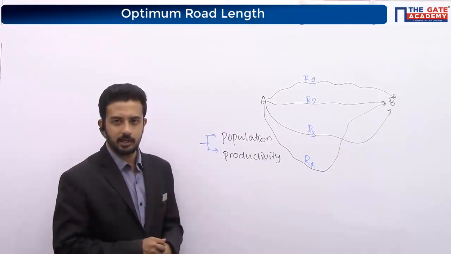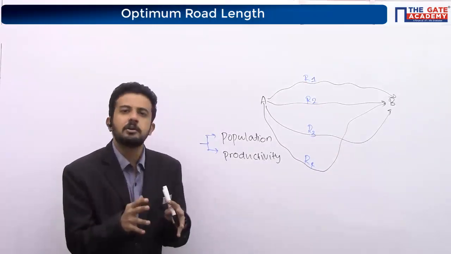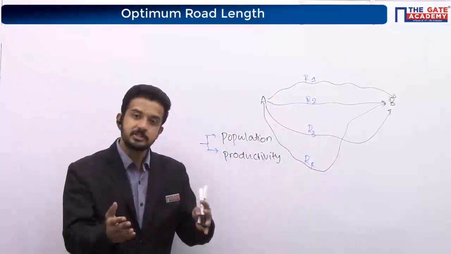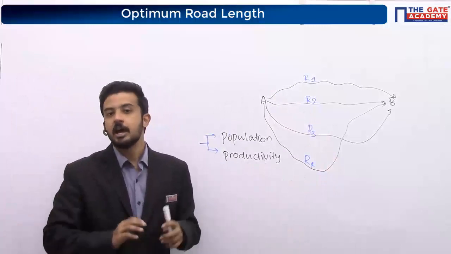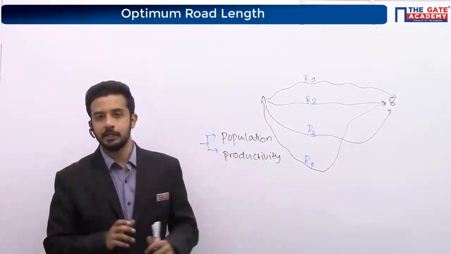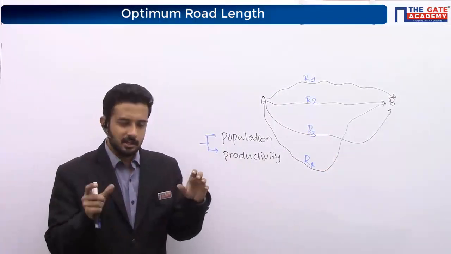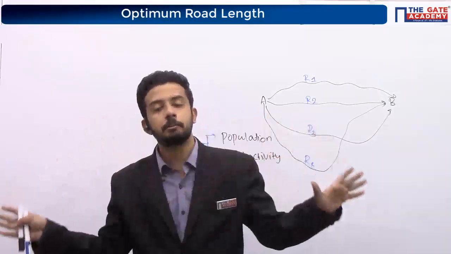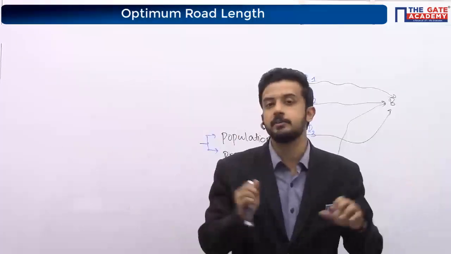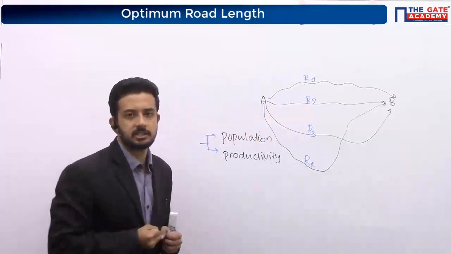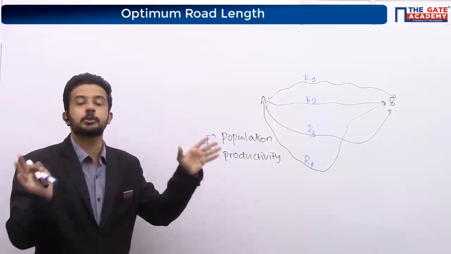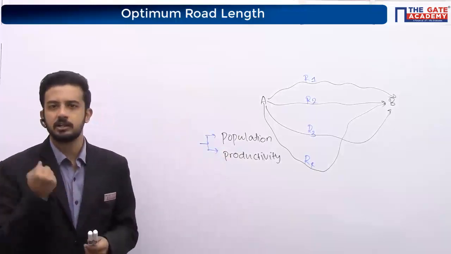So what do we require? We require a very short road which serves more productive area and more population. That is our intention. We need as short a road as possible, but it should serve more people and more productive area. So the service, the utility it is giving per unit length, should be more. That is our intention.